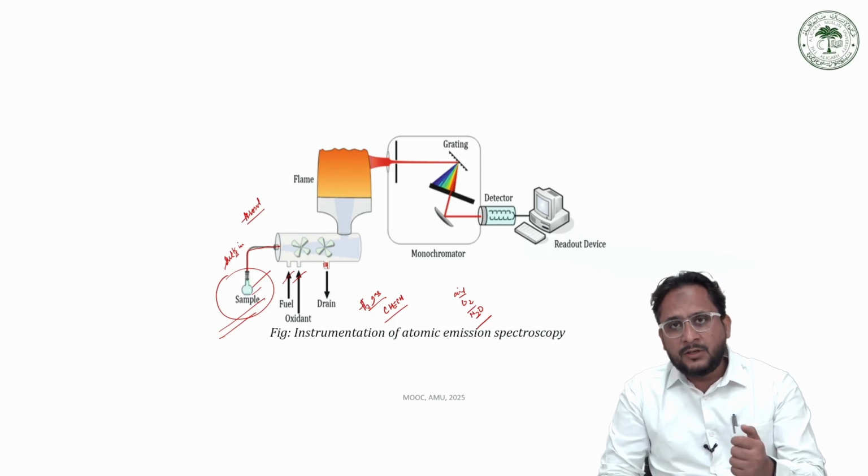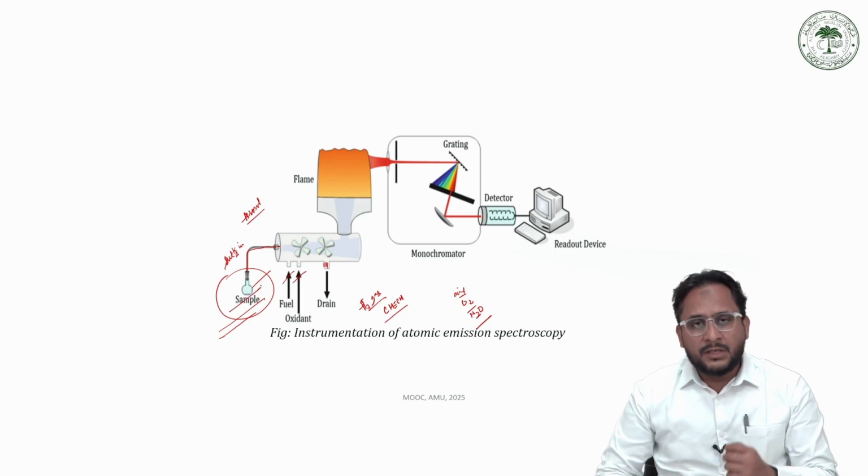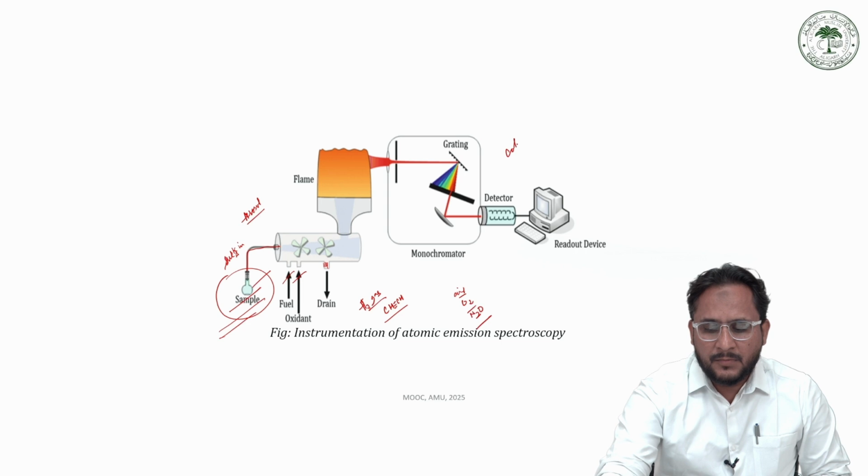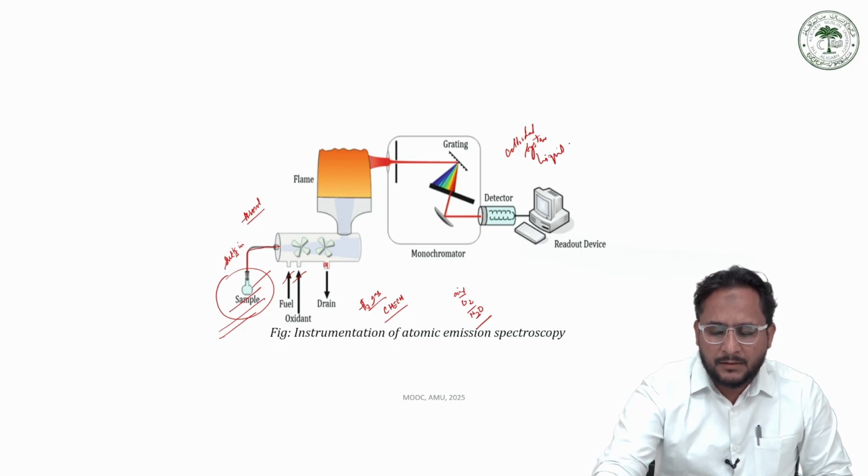And once this aerosol is formed, it is in the form of a spray in which liquid droplets from this solution are dispersed. As you all know, aerosol is a colloidal system where liquid is dispersed in gas.